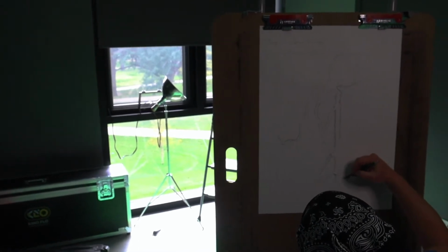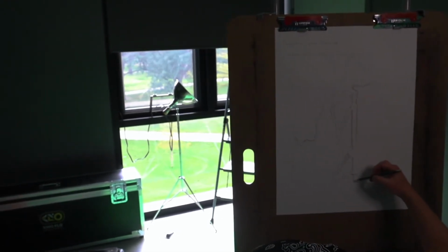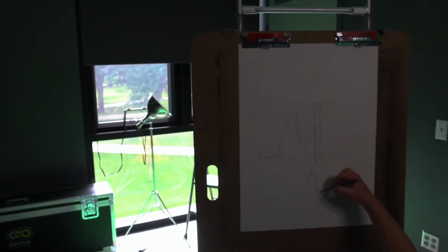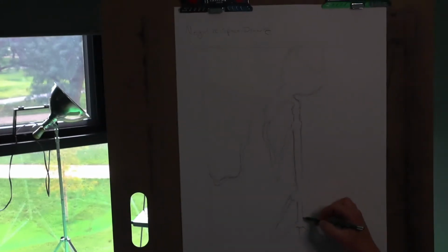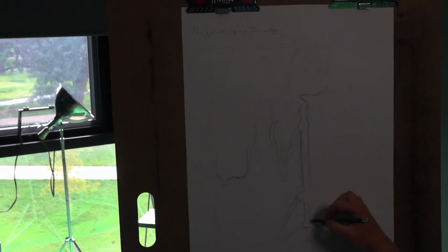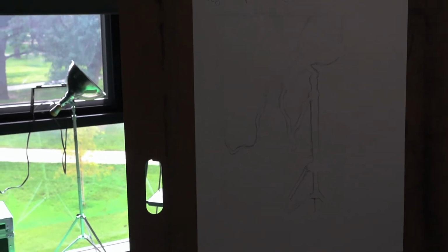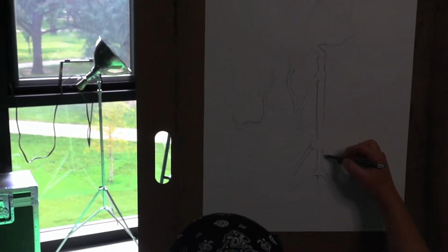So I'm getting to this spot here. And things are getting a lot more complex on this area because I have overlapping of these different metal elements. So I'm just going to go slowly and make sure that I get each shape in the right spot.